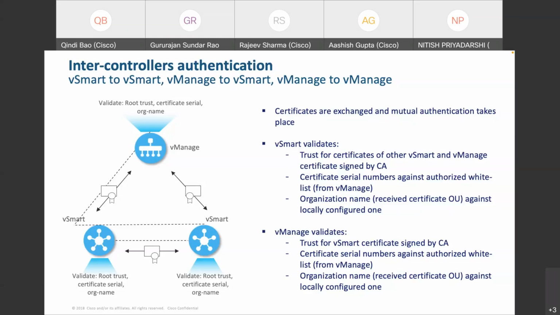It validates the certificate serial number against what is in the whitelist. It also needs to check the organization name. And for vManage, it's very similar. It needs to validate trust for the vSmart certificate serial number and the organization name. Let's go to the next one.